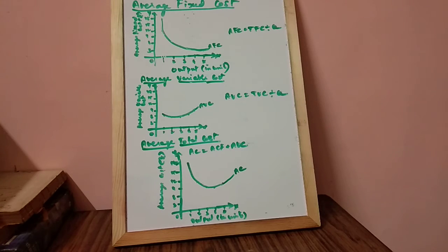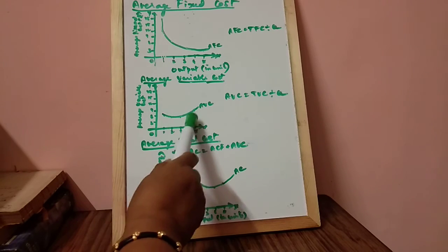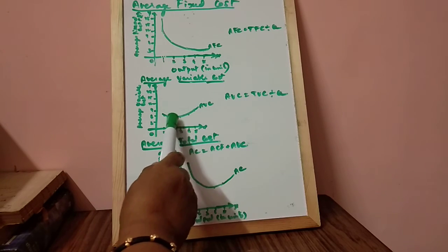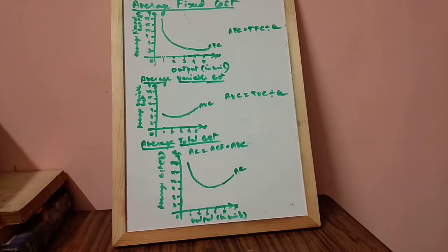So AVC is a U-shaped curve. As it initially falls, remains constant for a while, and finally starts increasing.